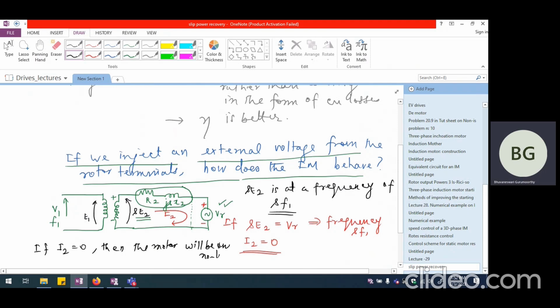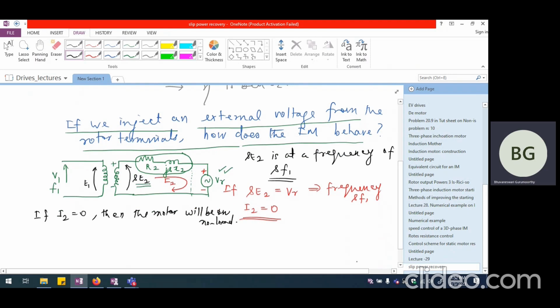It is not developing any torque because I2 is 0. So in that case, the motor will be on no load. So I should be able to say the speed, or the slip, at any point in time. Now slip will be equal to VR divided by E2.